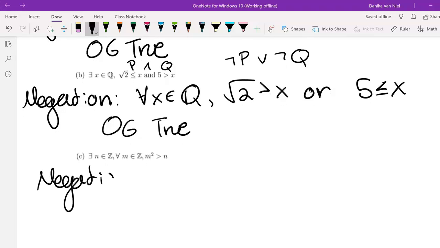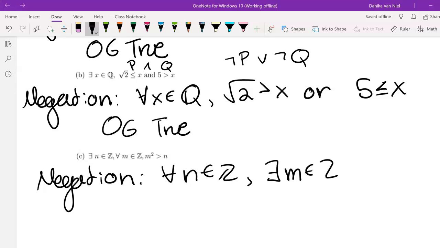Negation. For all n in the integers, there exists an m in the integers such that m squared is less than or equal to n. Let's see. So, let's think about this.